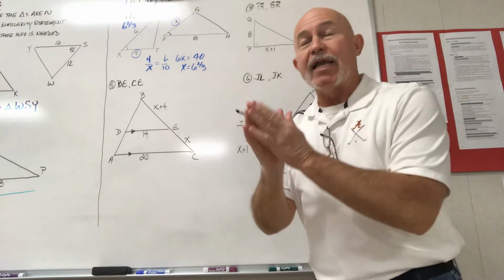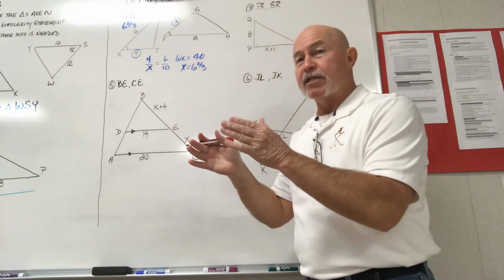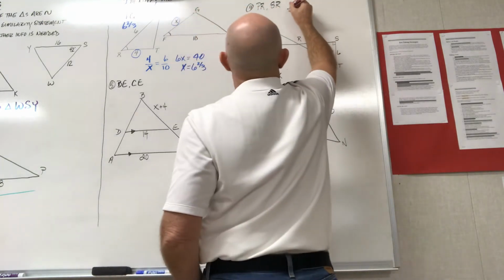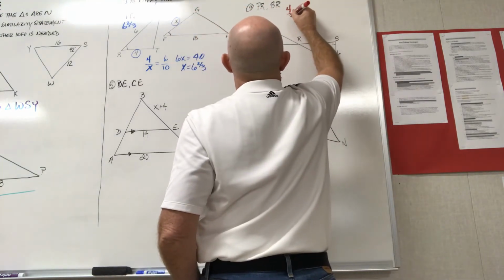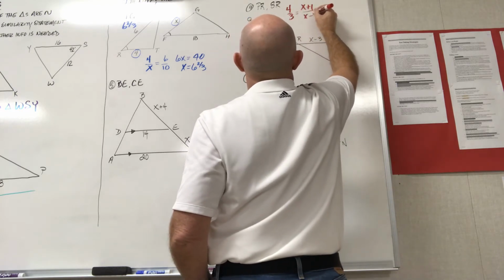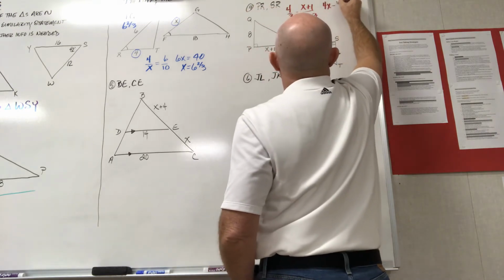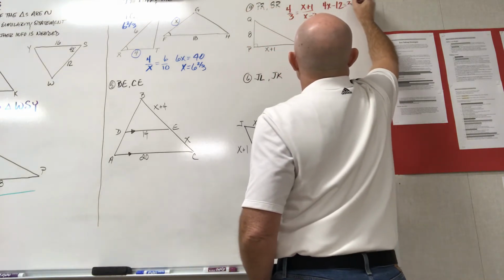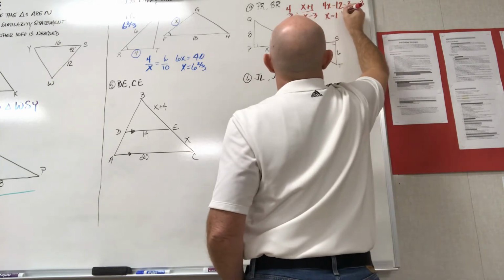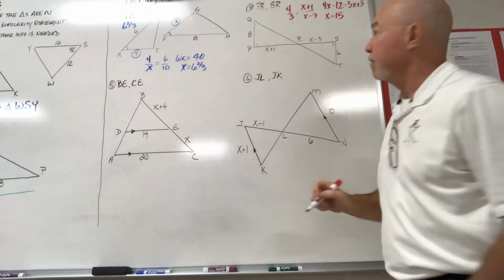Just like the other day, I like to simplify early. So 8 over 6 becomes 4 over 3. Okay, so x equals 15.